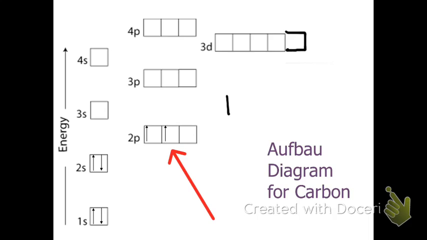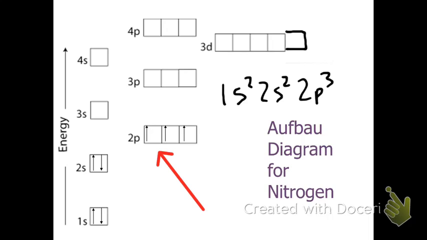And again, now our electron configuration is 1s2, 2s2, 2p2. Okay? Now we move on to nitrogen. We have now added all 3 electrons that belong in the 2p sublevel, and each has gone into a separate orbital. Notice that their spins are all parallel. In other words, they're all pointing up. This is actually the way they go.